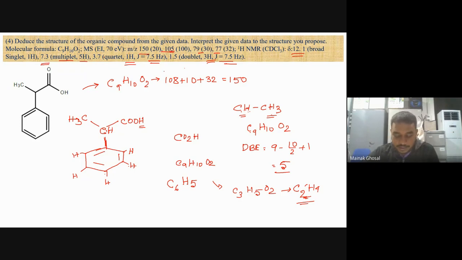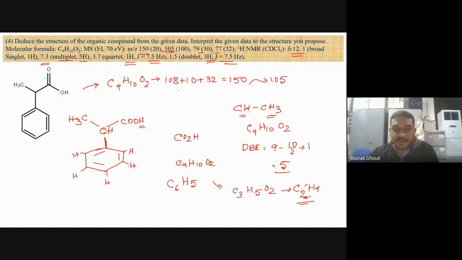Which among these will be 105? From 150, losing the acidic group, which is 45, we get 105. So you have this loss of the acid group.